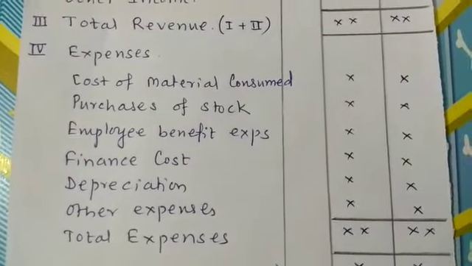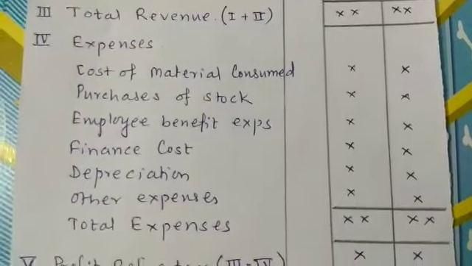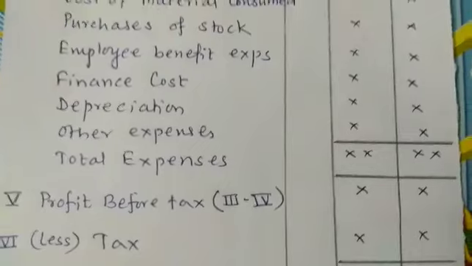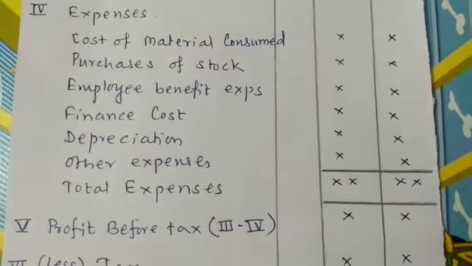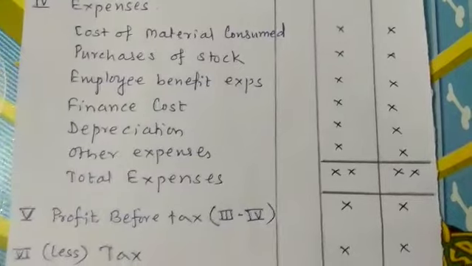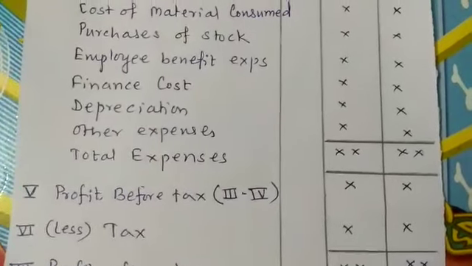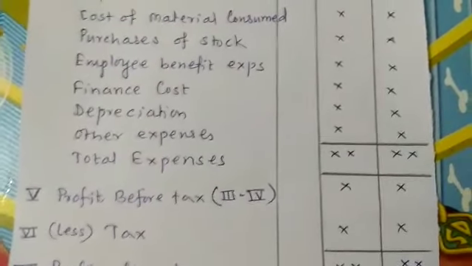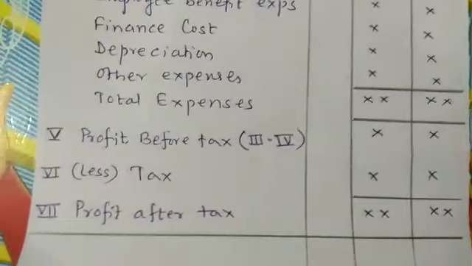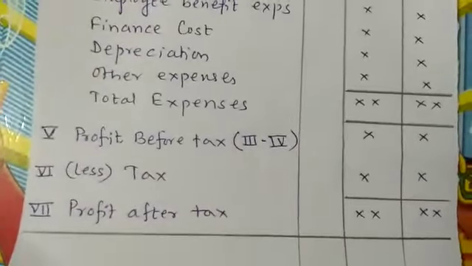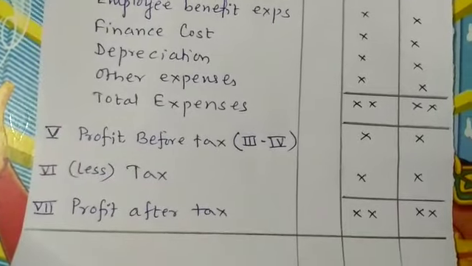Now we have total revenue and total expenses. The difference between the total revenue and total expenses will be considered as profit. This profit is named as profit before tax because on this profit the tax is calculated at a prescribed rate, and thereafter we arrive at profit after tax. This is the final profit of the company.